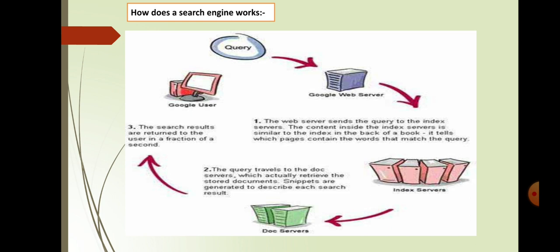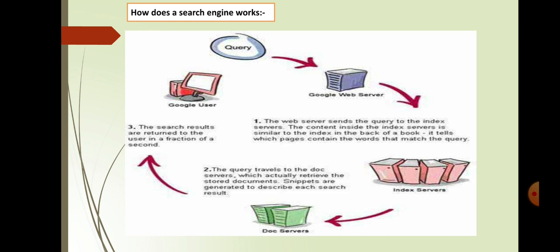In the search box of that browser we need to type the URL or the query. Once we type the query and hit the search button, what will happen? The query goes to the web server. The responsibility of the web server is to find whether it has a response for this particular request. If the web server finds that it has a response, it immediately redirects that query to the index server.